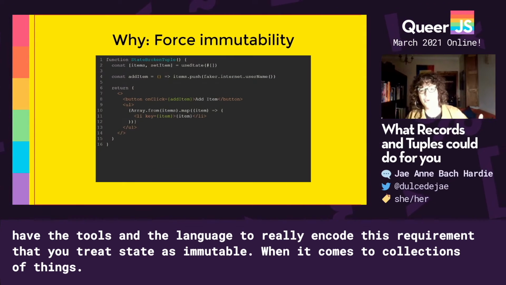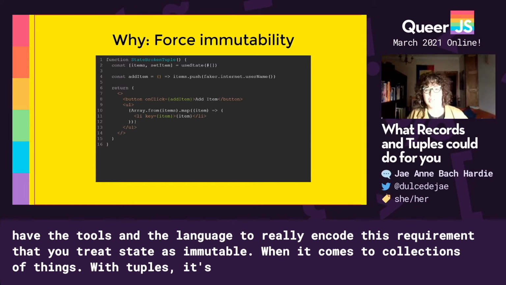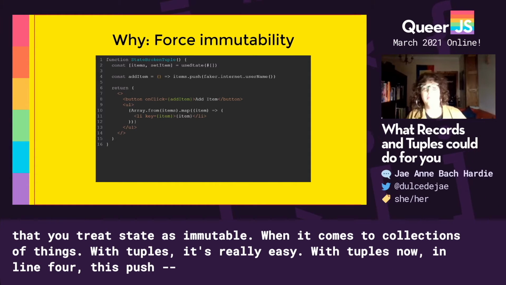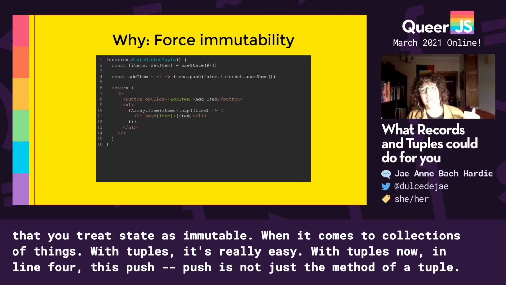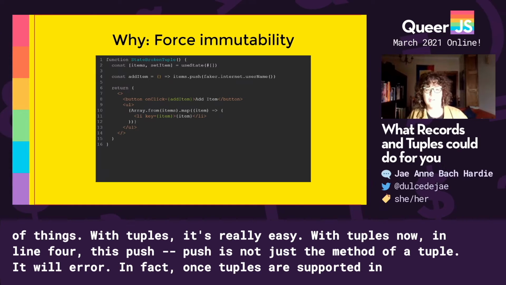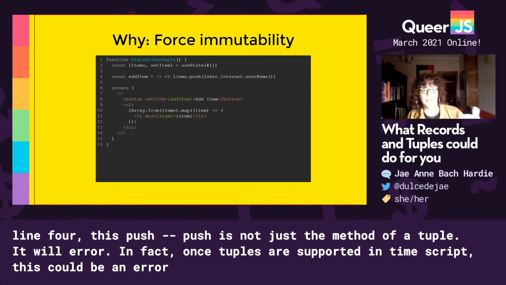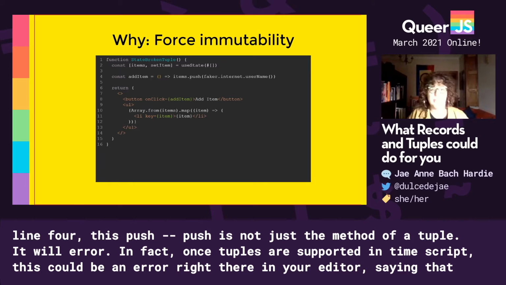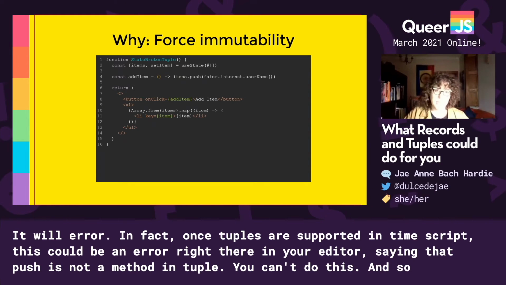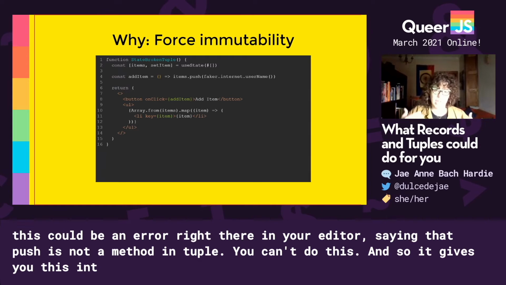With tuples, it's really easy. With tuples now, on line 4, this push isn't just not a method of a tuple, it will error. In fact, once tuples are supported in TypeScript, this could be an error right there in your editor saying that push is not a method of a tuple. You can't do this. And so it gives you this immediate feedback that this is immutable.